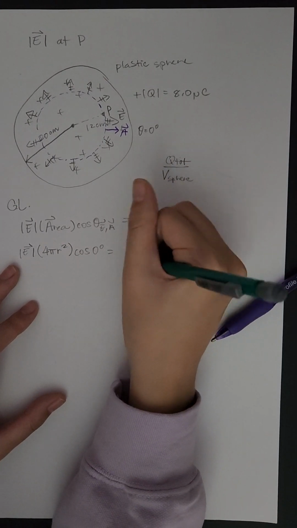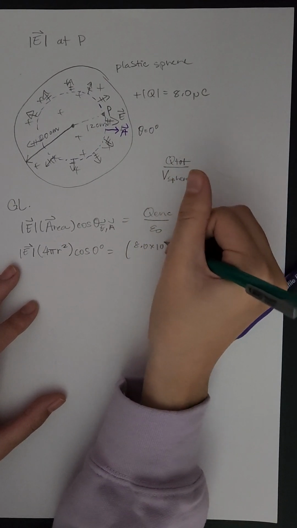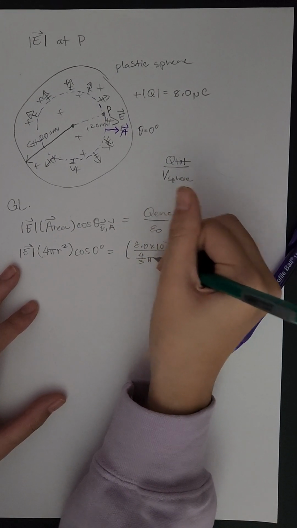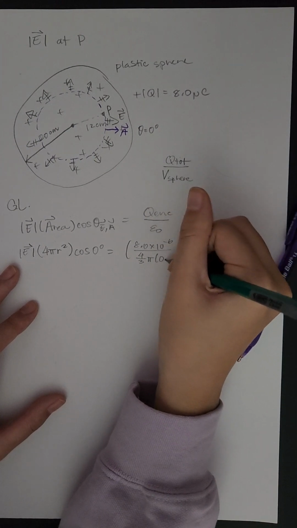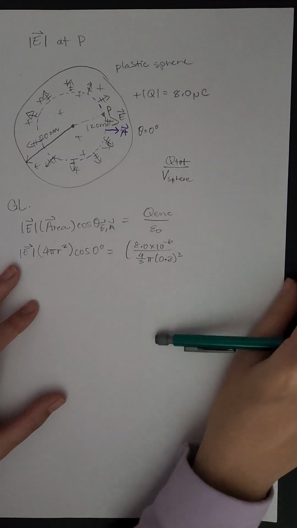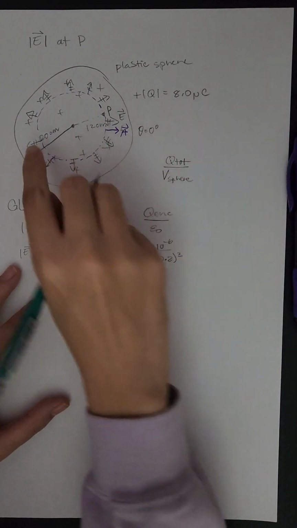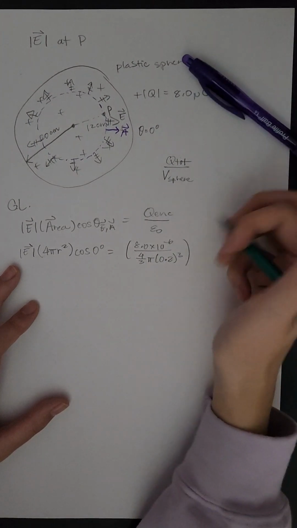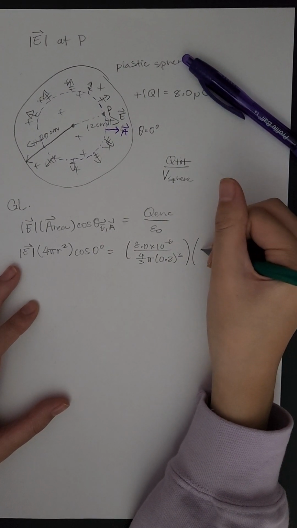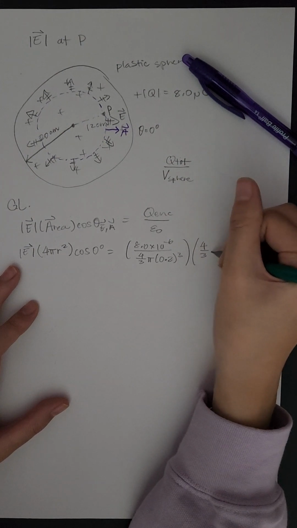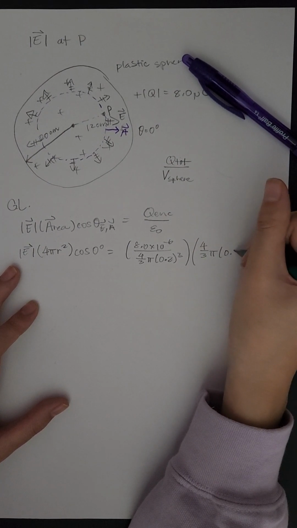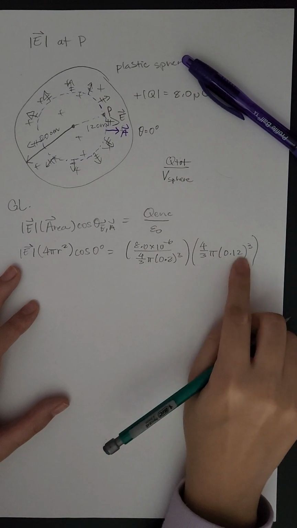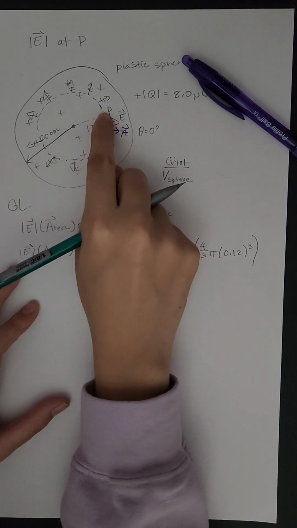So that is 8.0 times 10 to the negative 6 over the volume of the sphere, 4 over 3 pi r cubed, and r is 0.2, from the 20 centimeters. And we multiply it by the volume of the Gaussian surface, which is 4 over 3 pi times 0.12 cubed, where r is the radius of the Gaussian surface.